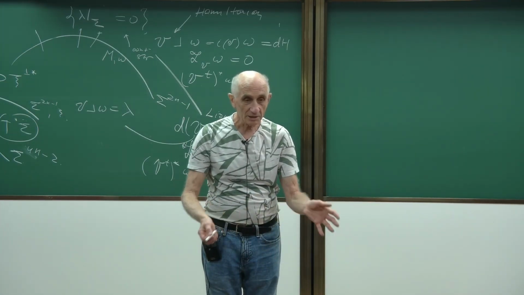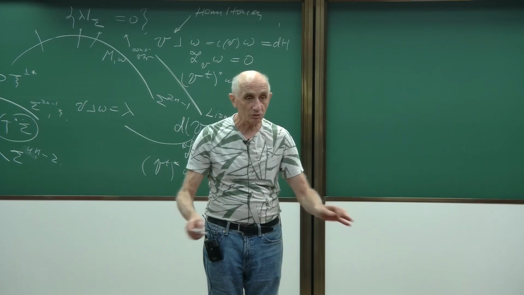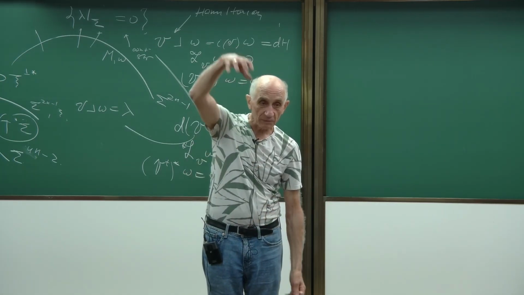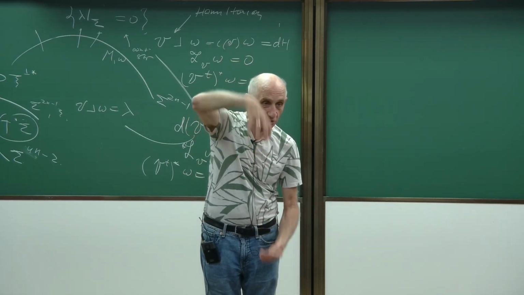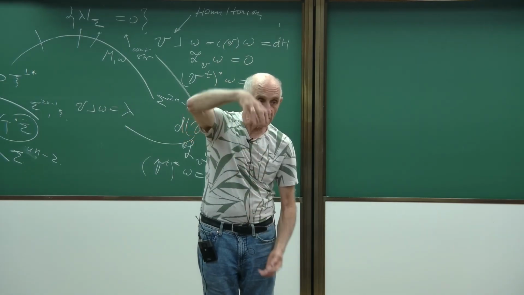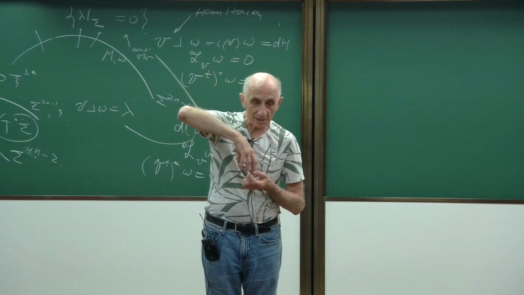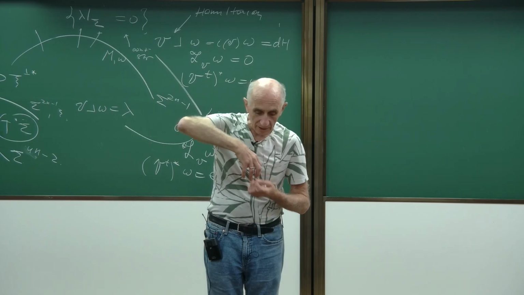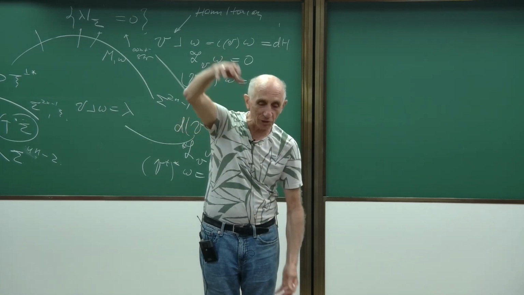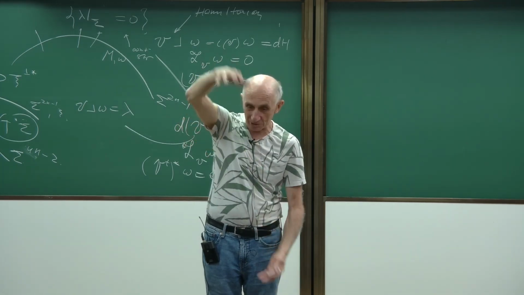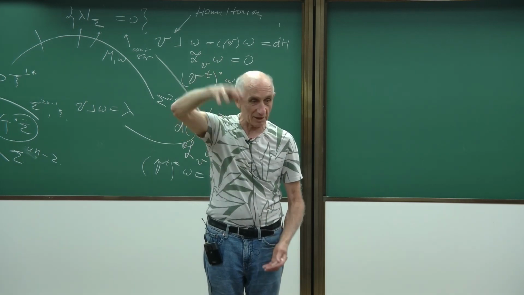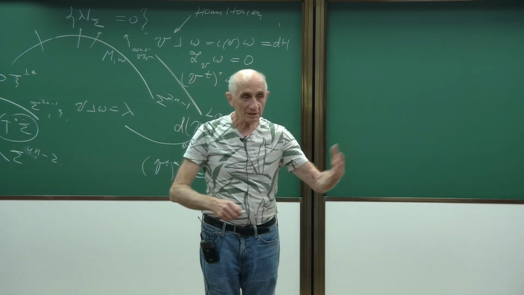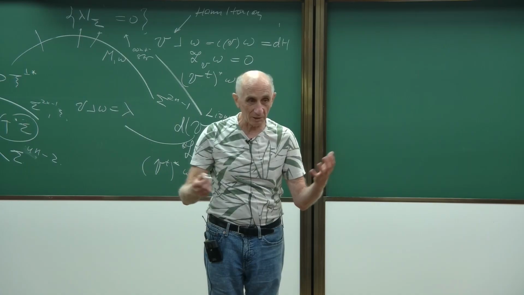Every such contact vector field lifts as a Hamiltonian vector field, generated by a Hamiltonian of degree 1 homogeneity with respect to this coordinate s. So everything you can say can be reformulated.